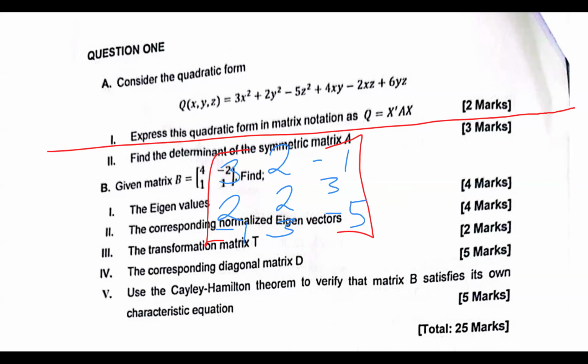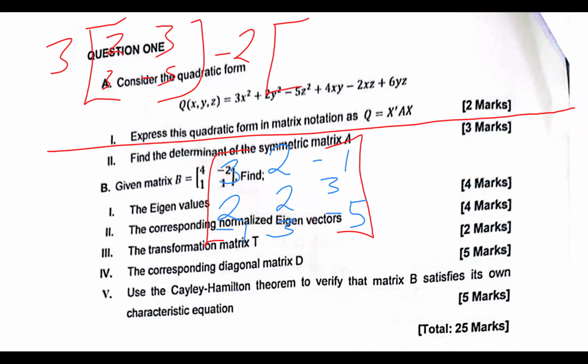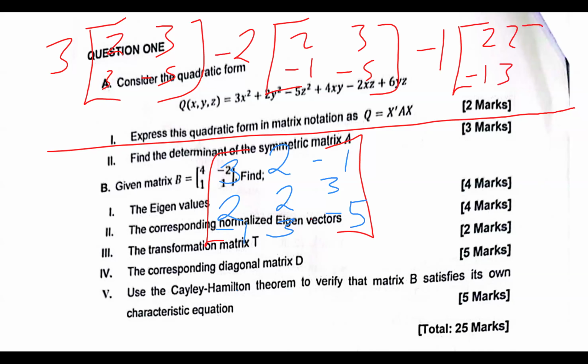You still remember? Yes. Why I said you could pick maybe 3 here, then you delete the row, delete the column. There'll be 2, 3, 3, -5. Then -2: delete the row, delete the column, you have 2, 3, -1, -5, plus -1, 2, 2, -1, and 3, like this.